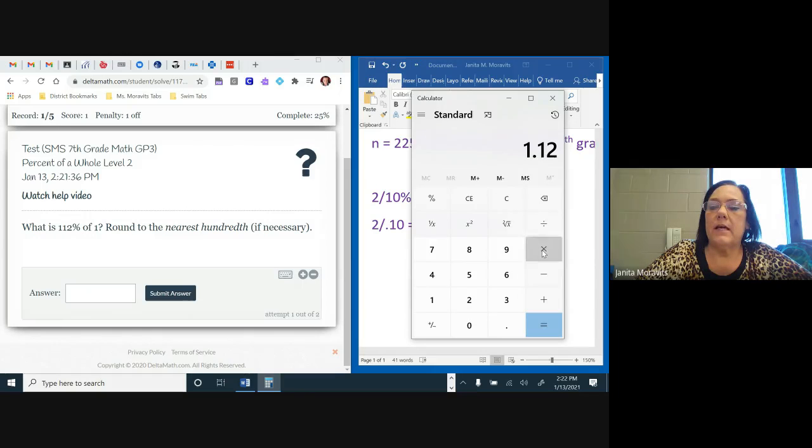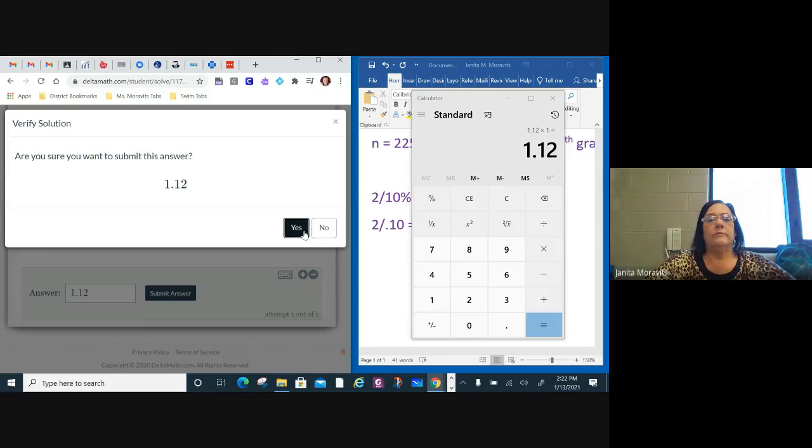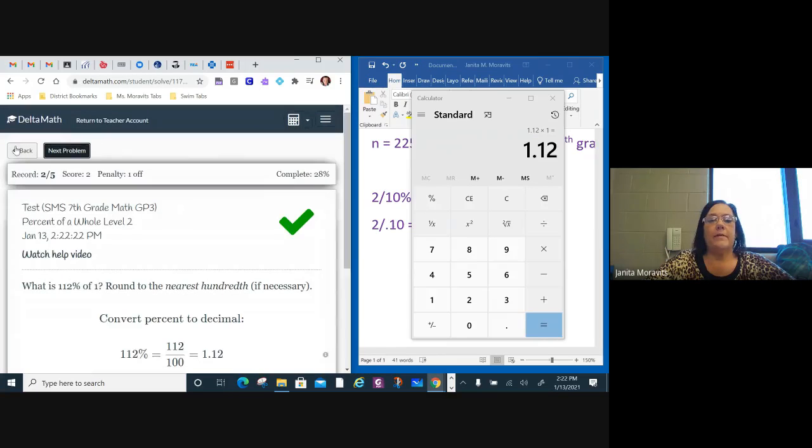So it's going to be times 1. All right. Here's tenths, here's hundredths. You don't have to round it. It's already done. So we're going to say 1.12.